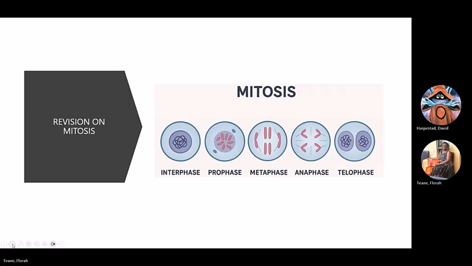Interphase is not a phase of division per se, but this is the first stage which informs the stages prophase, metaphase, anaphase, and telophase. During the interphase, there's no division. As already indicated, this is the phase whereby the cell prepares itself for division.